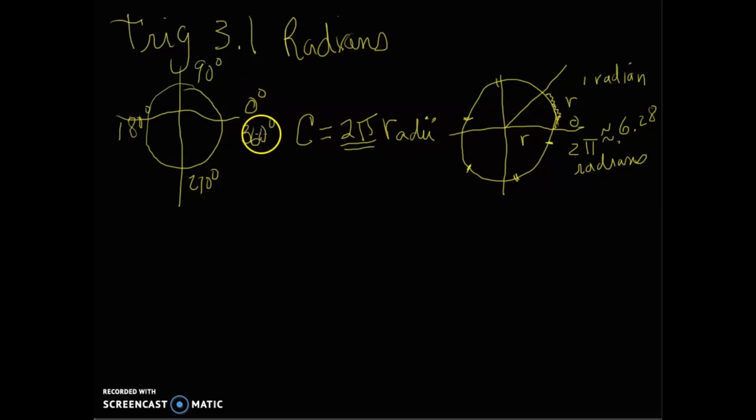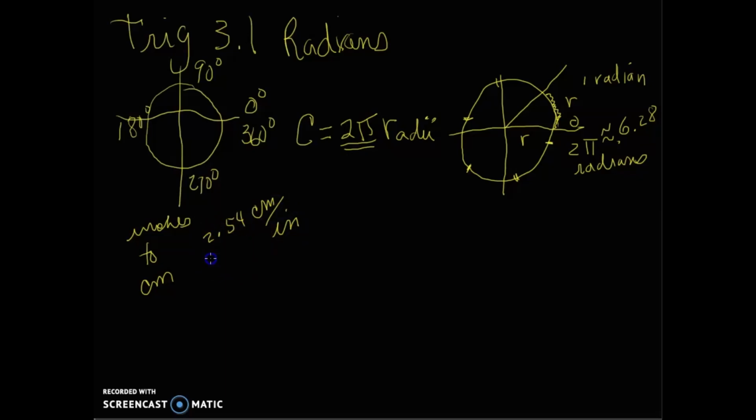So if you'd like to change, just like you change from inches to centimeters, do you guys remember that? There is a ratio, inches to centimeters: 2.54 centimeters per inch.